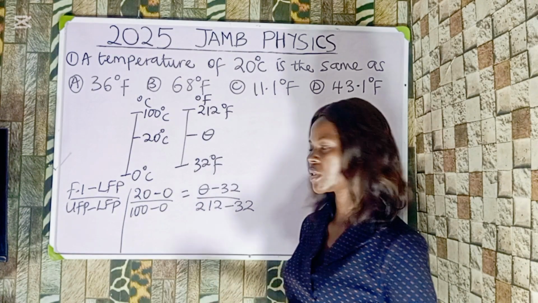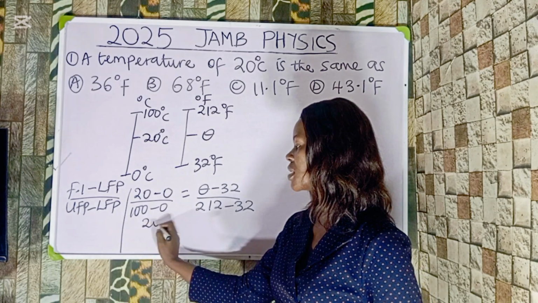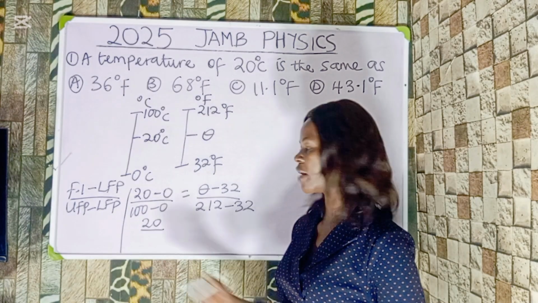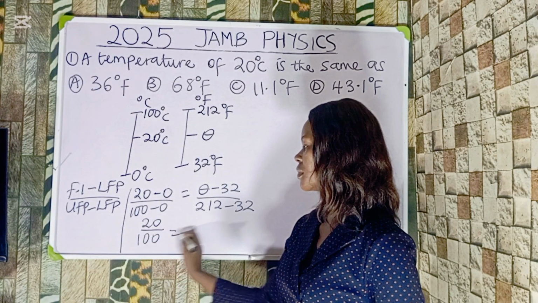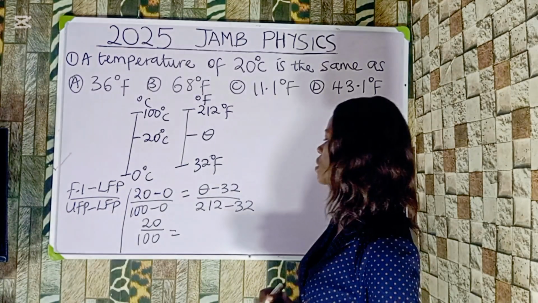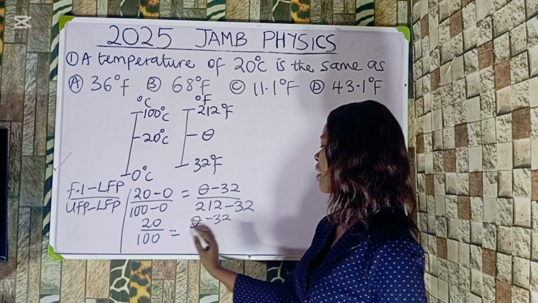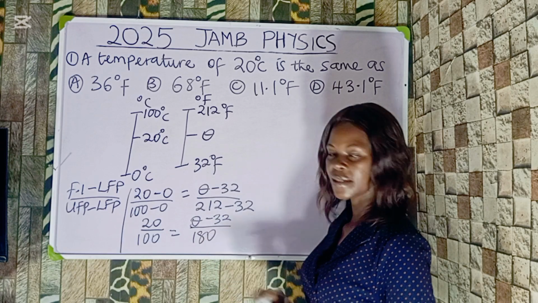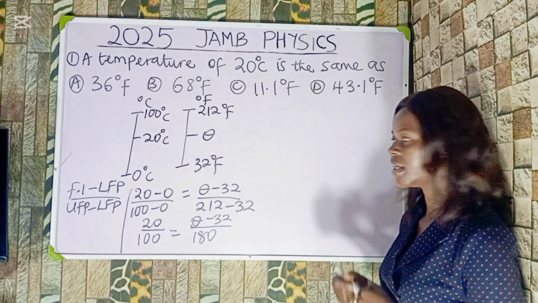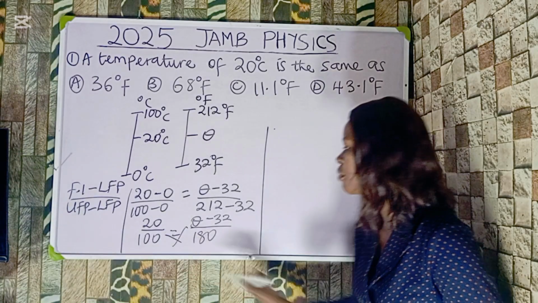Now let's work it out. 20 minus 0 is 20 divided by 100 minus 0 is 100. Now this is equals to theta minus 32 over 180, right? Now what do we do next? By saying cross multiply.